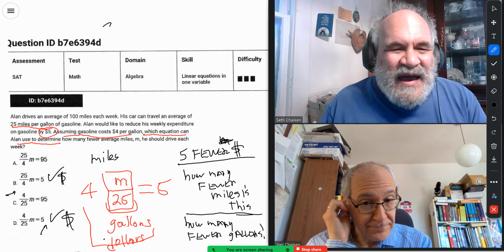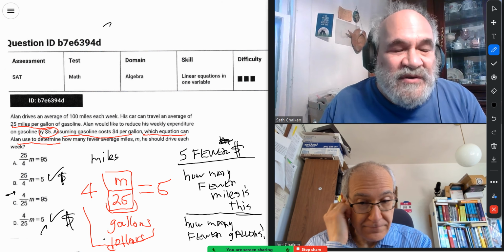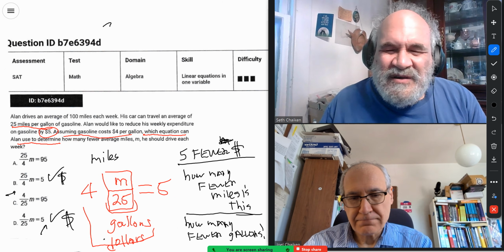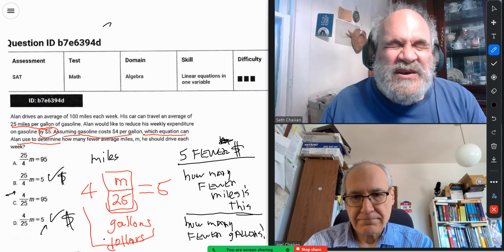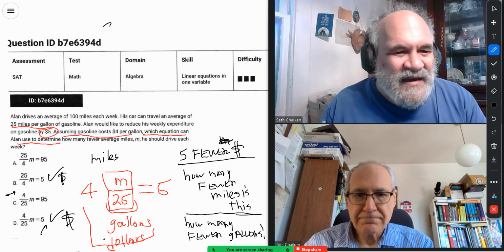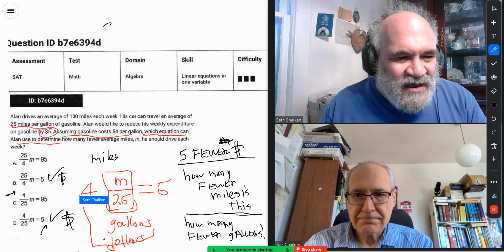Analyzing what he wants leads you to an equation for M. And it matches this equation.